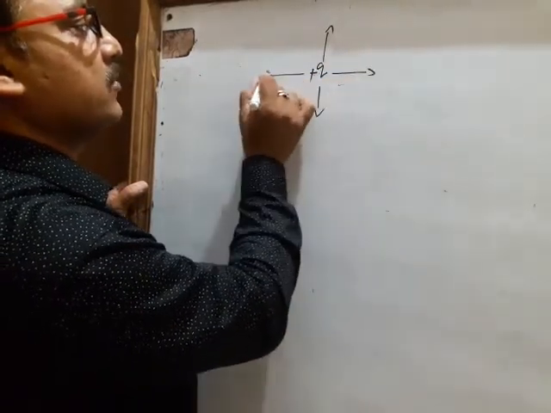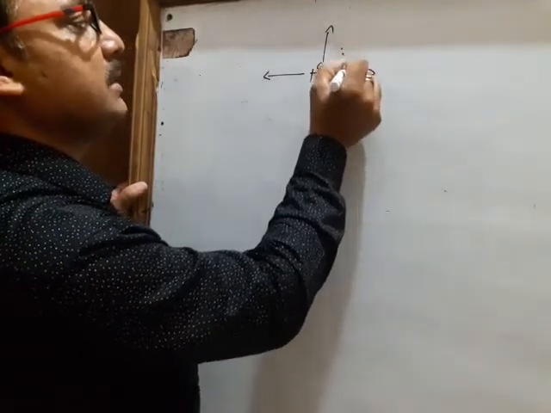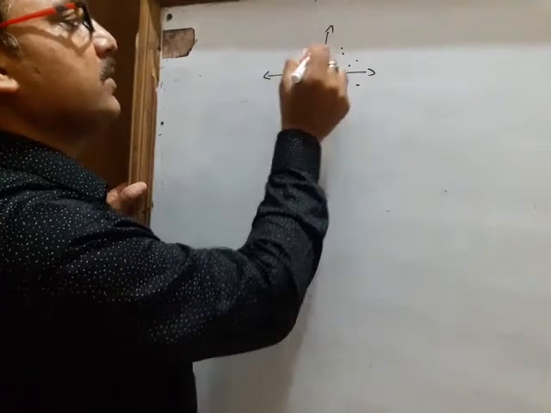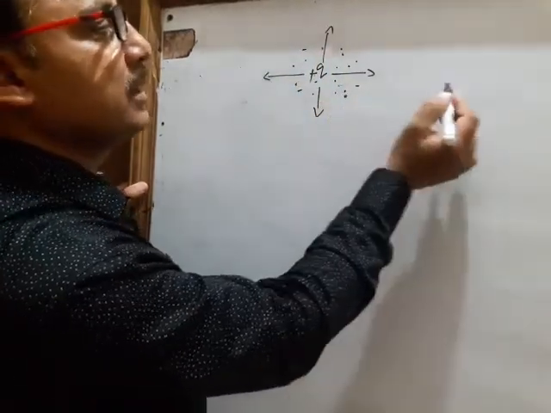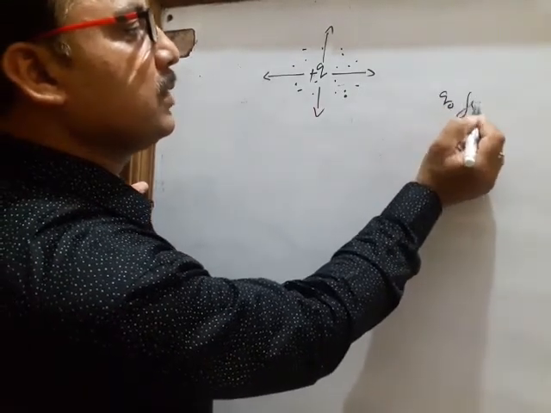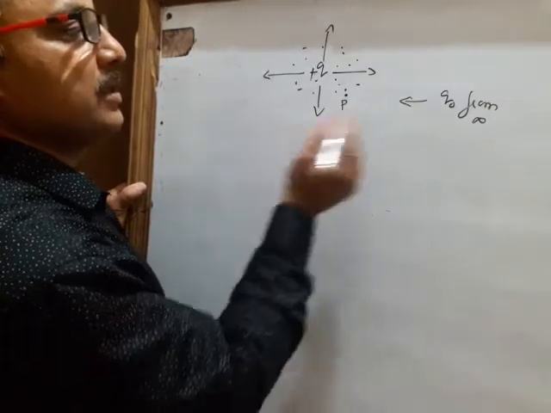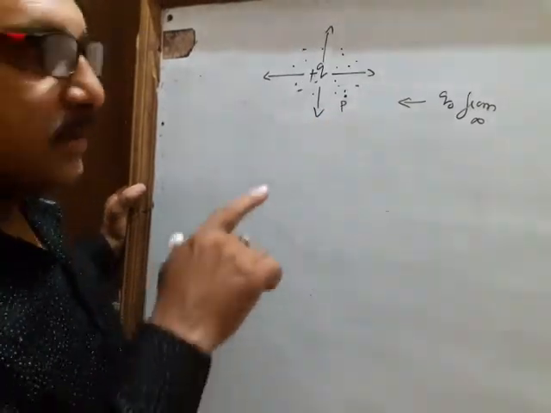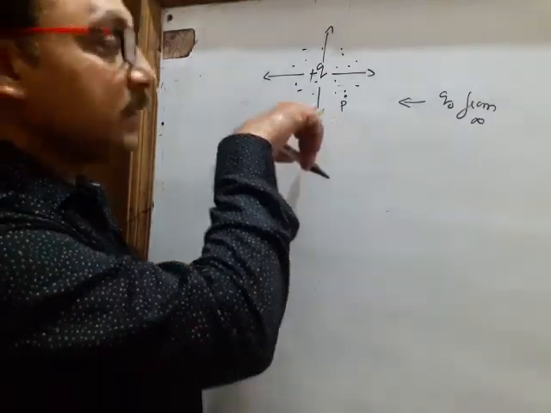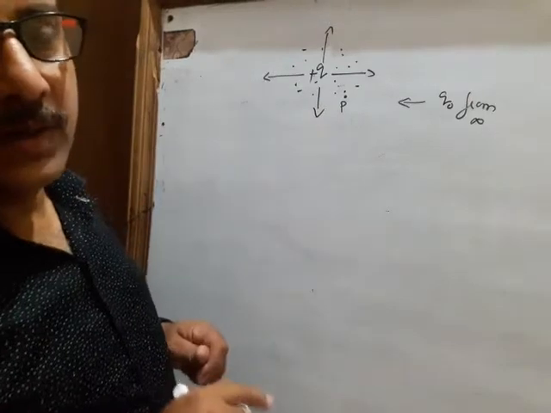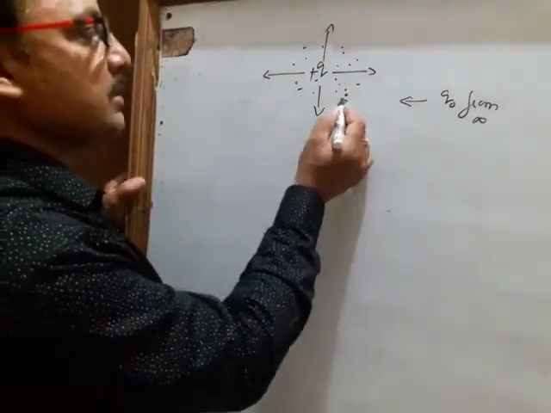These are the electric lines of force coming out from this positive charge. So this area around this charge forms an electric field of this charge. So in this field, if I have to bring some charge Q naught from infinity to this point, what is the work done in bringing this unit positive charge from infinity to this point P in the field? That work done per unit positive charge is known as electric potential at this point.